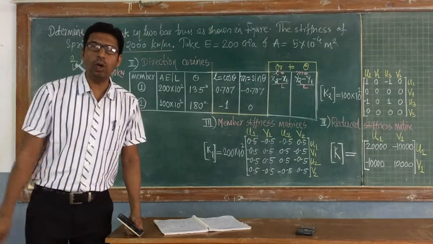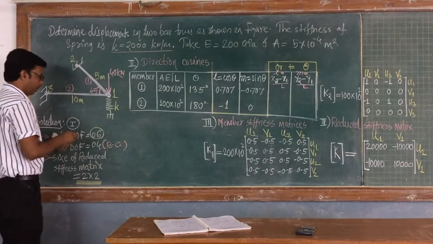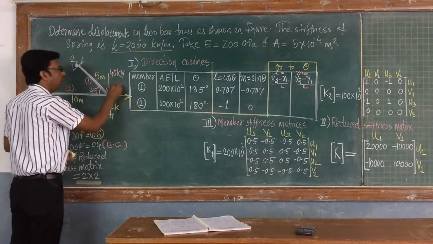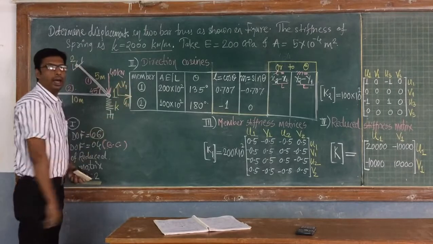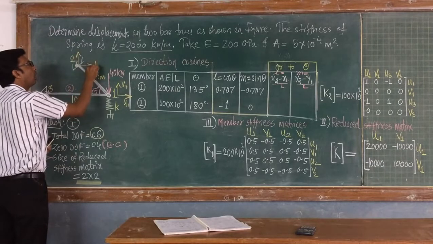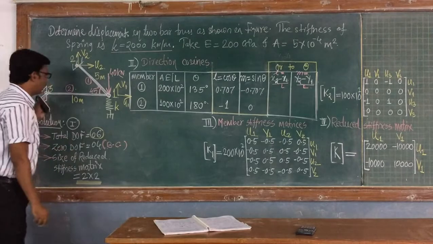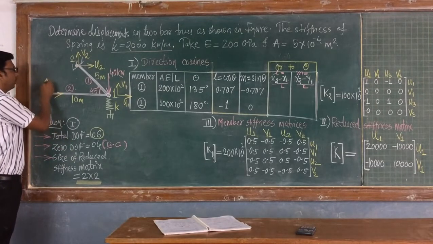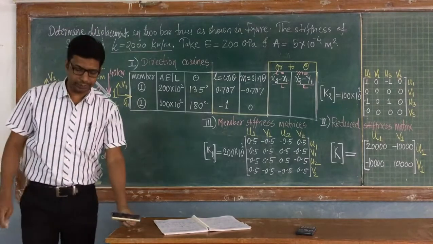Now let's show the unknown displacements in the figure. At node 1, let us assume U1 V1. At node 2, U2 V2, and at node 3, U3, V3.